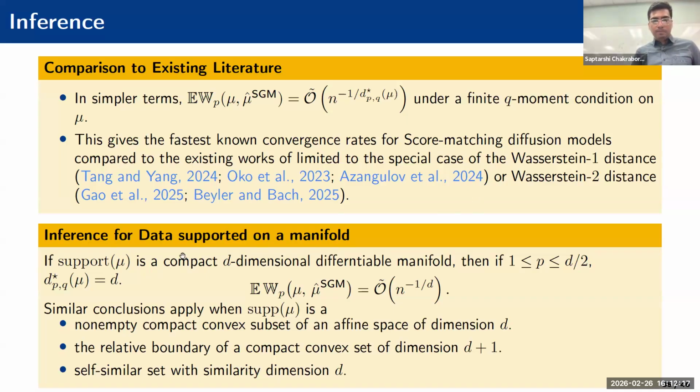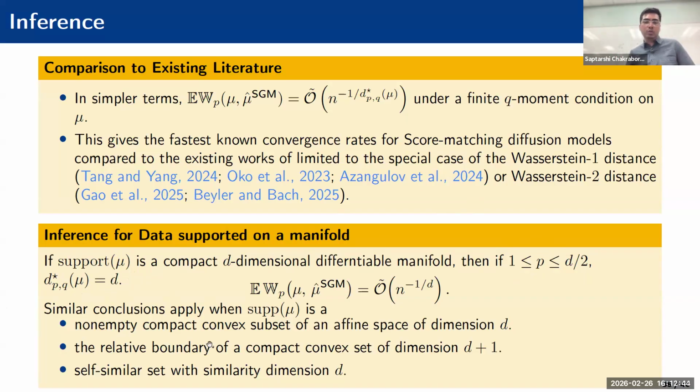If your data is exactly supported on a manifold, then if p is between 1 and d over 2, this d star is d. For all practical purposes, you can think of p as 1 or 2, and d to be a little larger than p, so maybe d is 10. So this condition holds, and for those cases the intrinsic data dimension is exactly d.